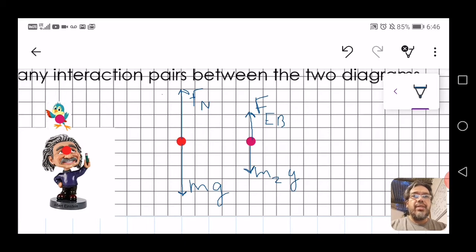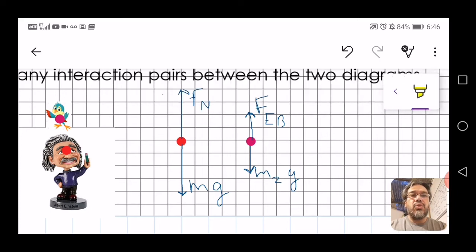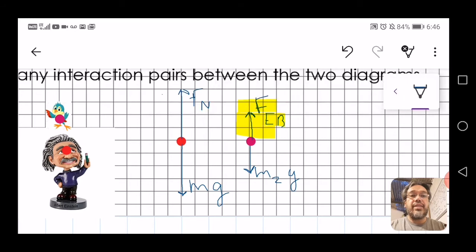Now, Newton's third law forces us to consider that if this is an interaction between Einstein and the bird, then we must have a third force on Einstein's free body diagram, which will be the force of the bird on Einstein. And so these two are what we will consider an interaction pair.